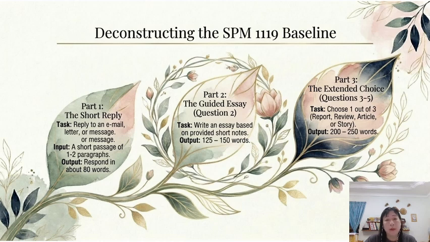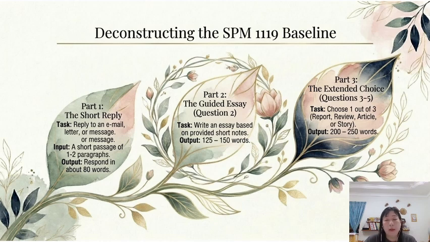For Part 2, which is a guided essay, students are required to write an essay based on normally 2 to 3 short notes given. In this task, they are asked to write for about 125 to 150 words. Again, they are not penalized for writing more than necessary.